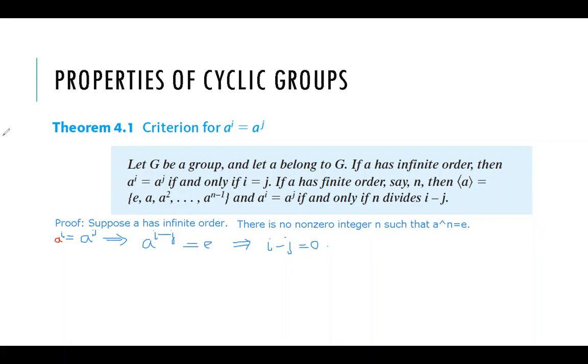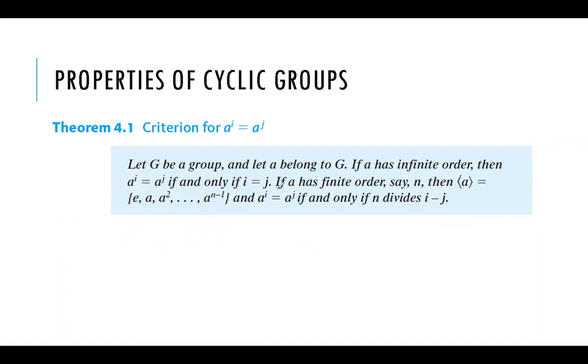Now, let us prove the second statement. If A has finite order, say n, then the subgroup generated by A is given by this set: E, A, A squared, up to A power n minus 1.